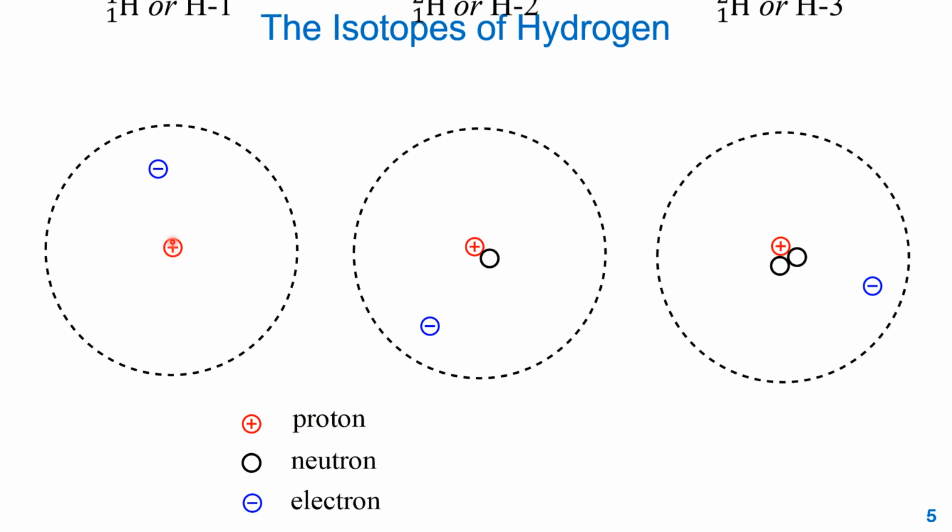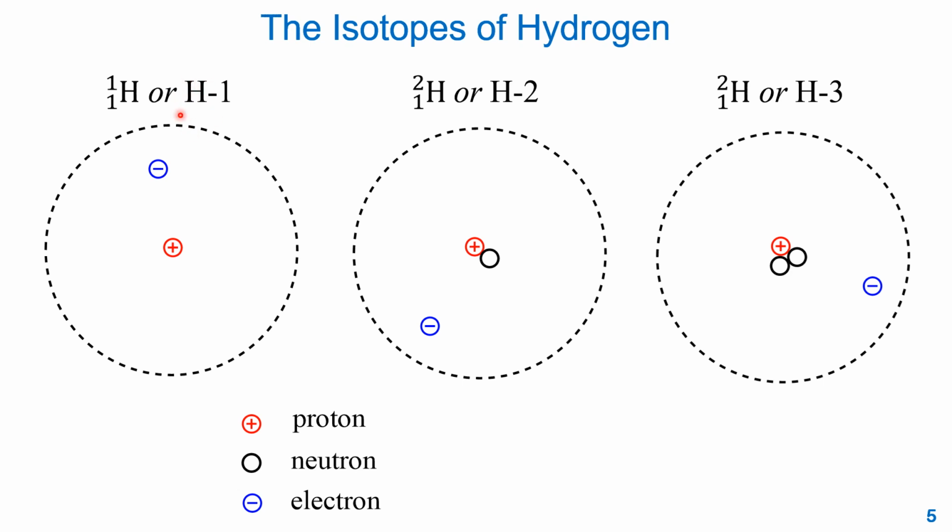See, this is hydrogen 1, this is hydrogen 2, this is hydrogen 3. That number is the mass number. Mass number equals the proton number plus the neutron number. This is a proton. And in this first isotope of hydrogen, actually there's no neutron in the nucleus. So the mass number is just 1.